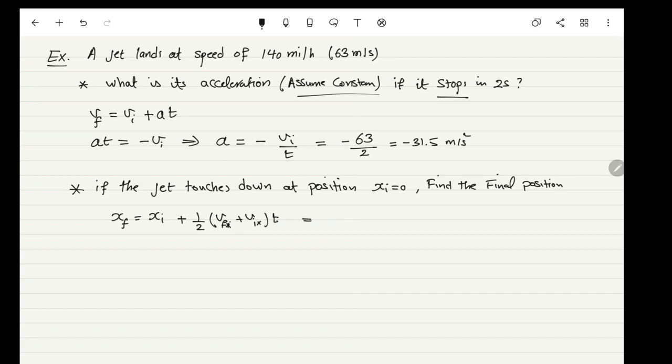So when you substitute back in here, x initial is 0 plus half. Now v final, as we mentioned before, is 0 because it's stopped, plus 63, times 2. So in this case, the final position is 63 meters.